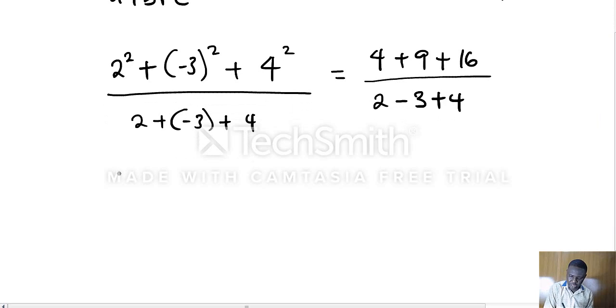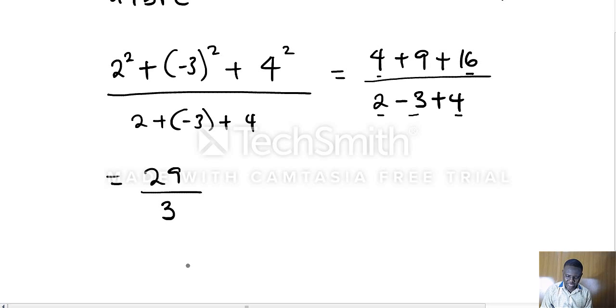And this, when simplified, will give you 4 plus 16 is 20 plus 9 is 29, all divided by 2 plus 4 is 6. 6 minus 3 is 3.